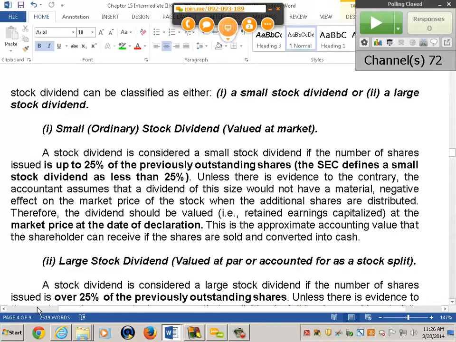The small stock dividend, now I'm going to go with up to 25%. SEC defines it as less than 25%. The GAAP standards define it as between 20 and 25%.